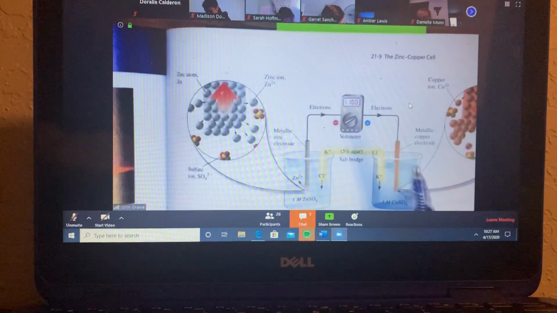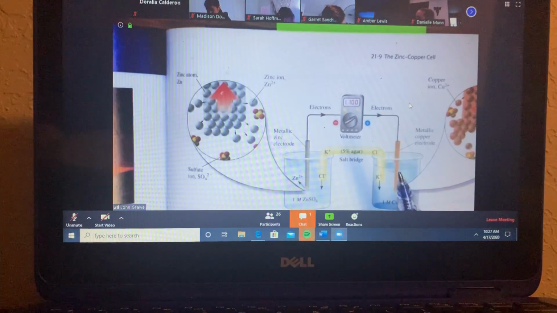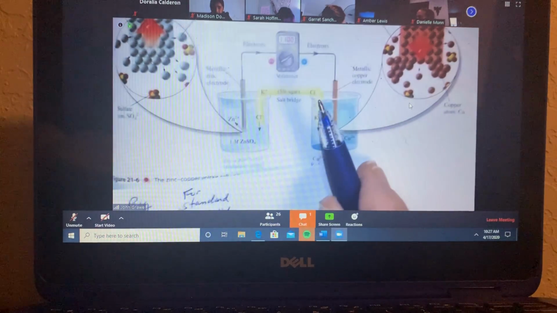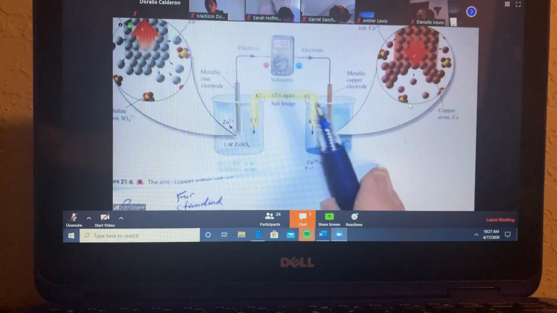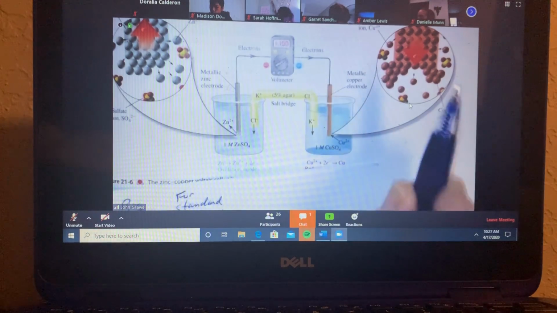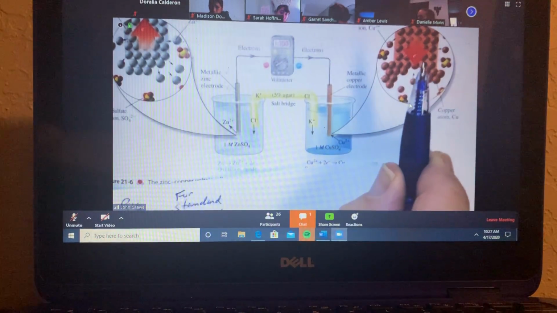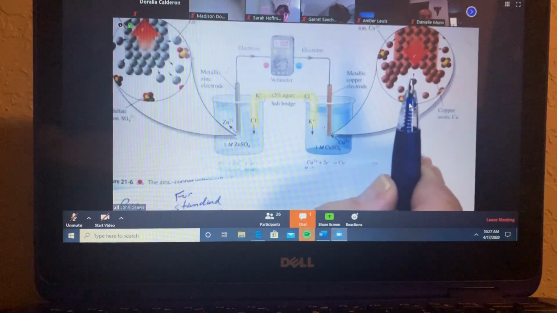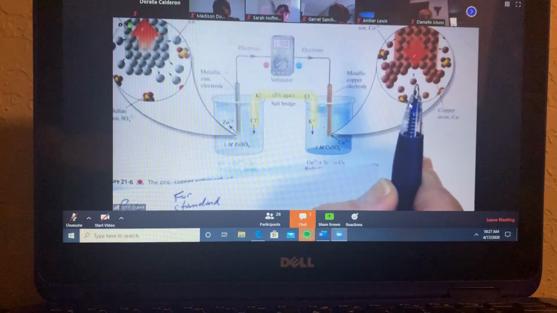And in the other half cell, we have another different metal. That's an electrode. The electrons are coming over to this side. As they reach then to the solution, these are positive ions.